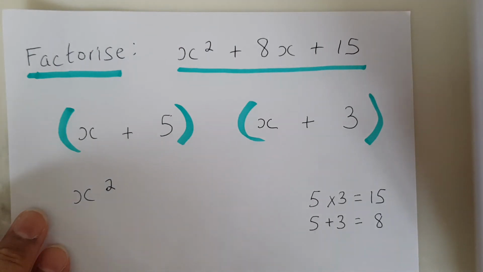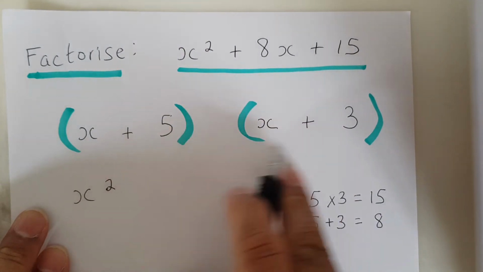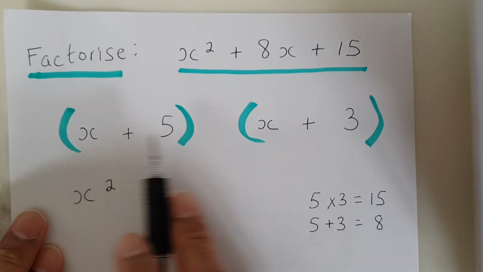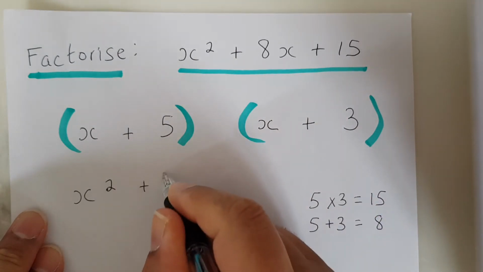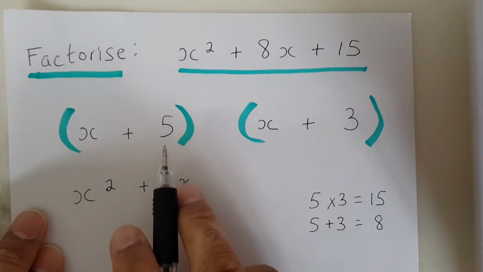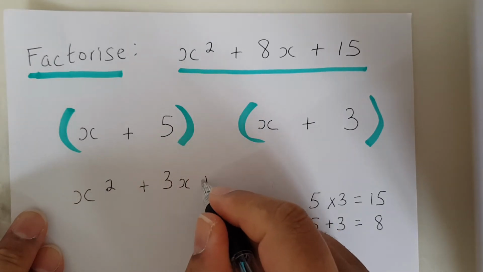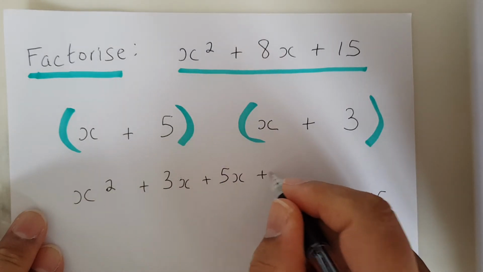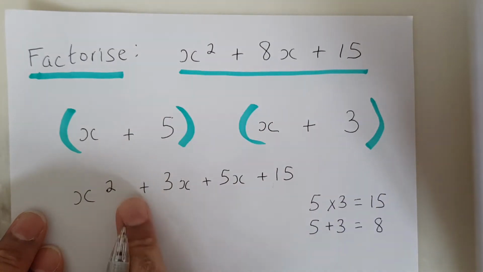Positive. So if we expand this, x times x is x squared, x times 3 is 3x, then 5 times x is 5x, and then 5 times 3 is 15. They're all positive numbers anyway.